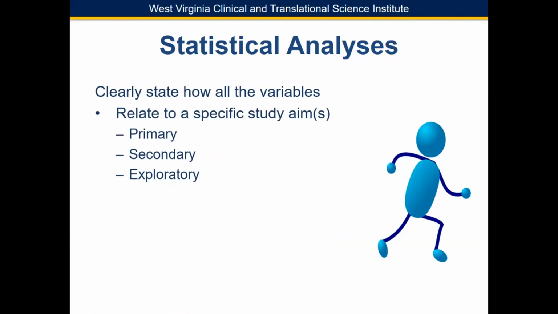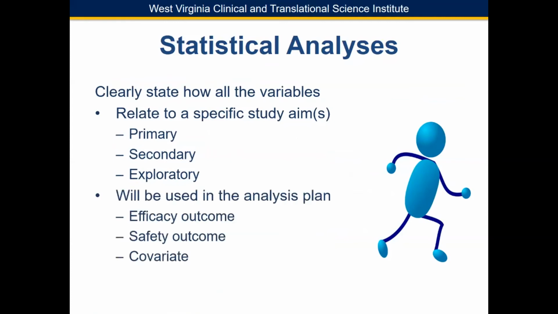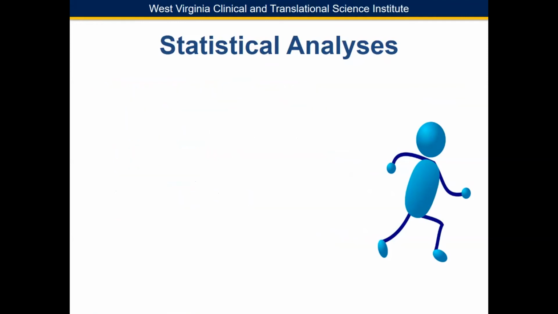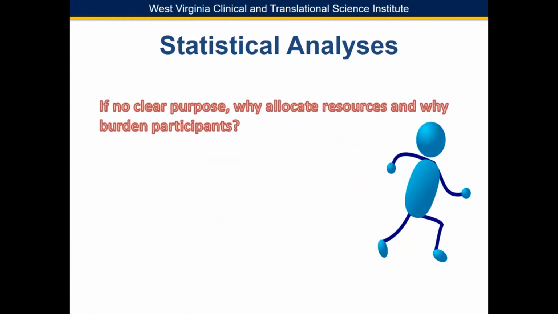Clearly state all the variables related to a specific arm. So it's your primary, your secondary, exploratory. Will it be used in the analysis plan? Is it an efficacy outcome, safety outcome, or covariate? If there's no clear purpose, why allocate resources and why burden the participants?